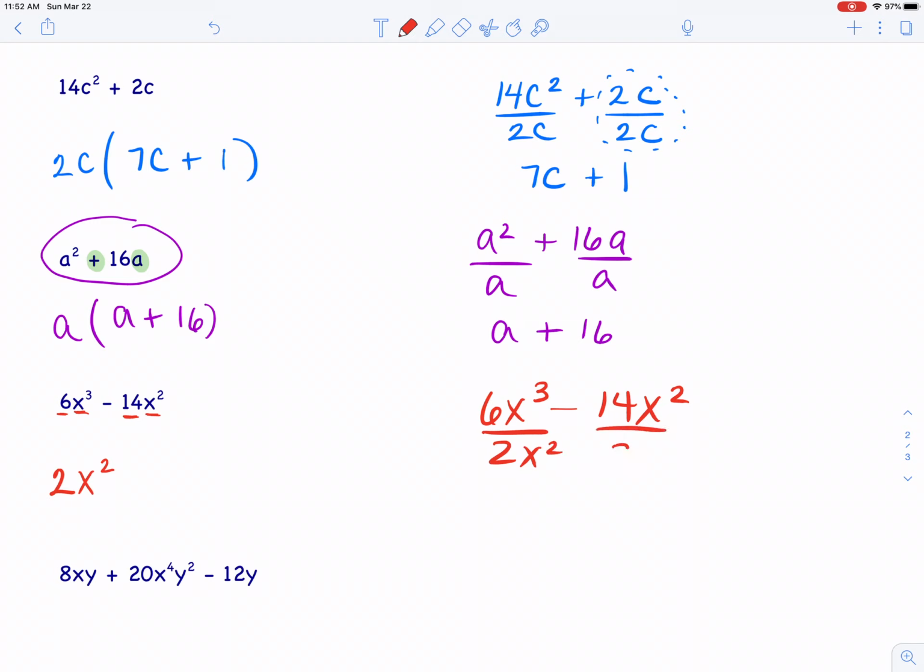And I have to remember, if you go back in your note cards to dividing polynomials, you remember divide, keep, subtract. Divide, keep, subtract. The x squared divided by x squared will just give you 1. So you just have 3x minus 7.